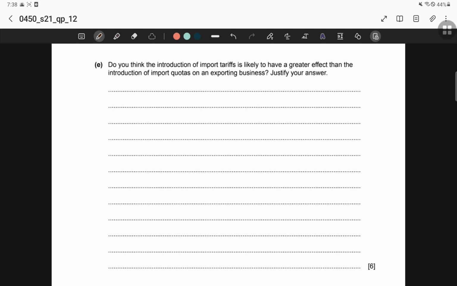Now, if you were to be against that, if you were to think quotas have a greater effect, they will limit the amount of goods that can be brought into the country. That is true, because a country can put any quotas they would want, and maybe 600 tons are way more than the quotas put. So which means you might have to import the goods in more than one batch, and this will make them lose a lot of money.